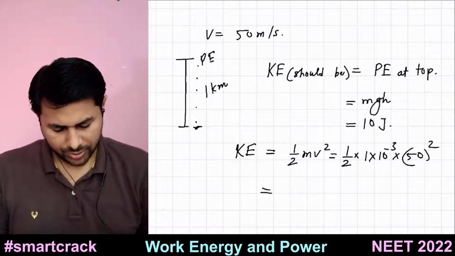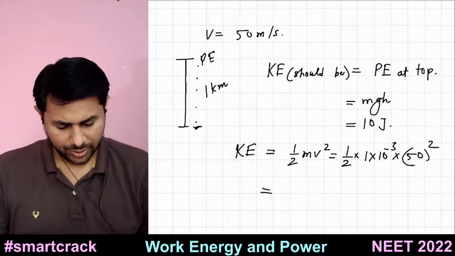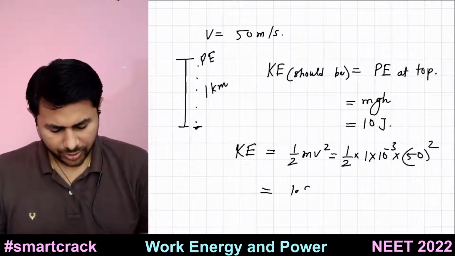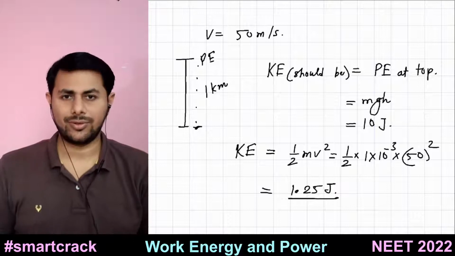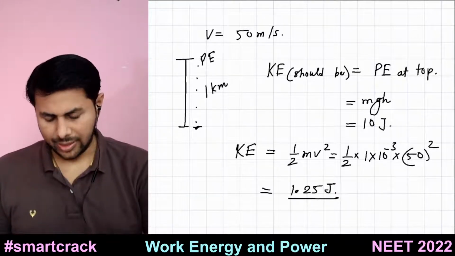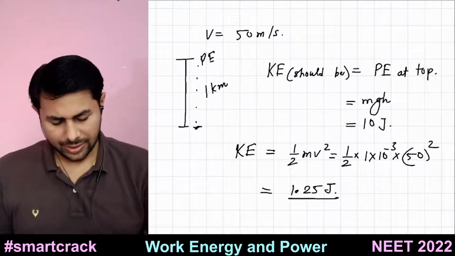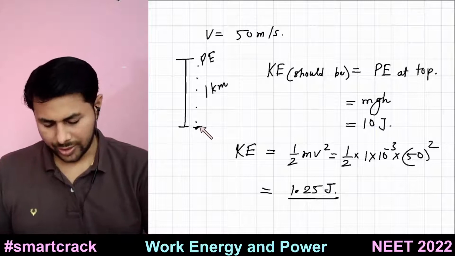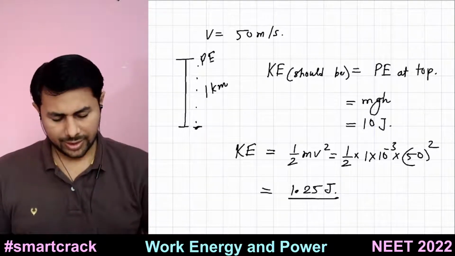So 2500 divided by 2 is how much? 1250. So it is 1.25 joules. After that, how much was its total energy? It was 10 joules. So how much should be the total energy at this point, if energy is not lost? It should be 10 joules.